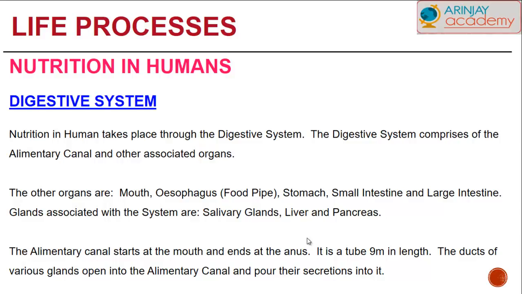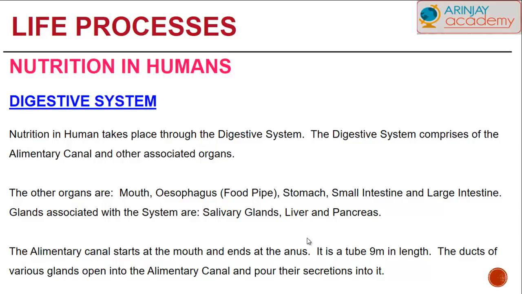The organs are the mouth, the esophagus or the food pipe as it's known, the stomach, small intestine and large intestine. Certain glands are associated with the digestive system, and these are the salivary glands, the liver and the pancreas, which have their own purpose to serve within the system.